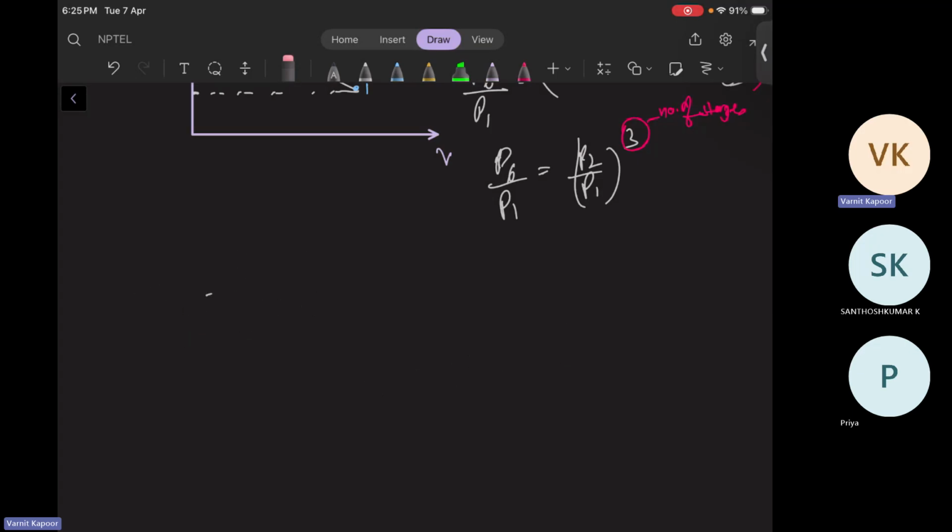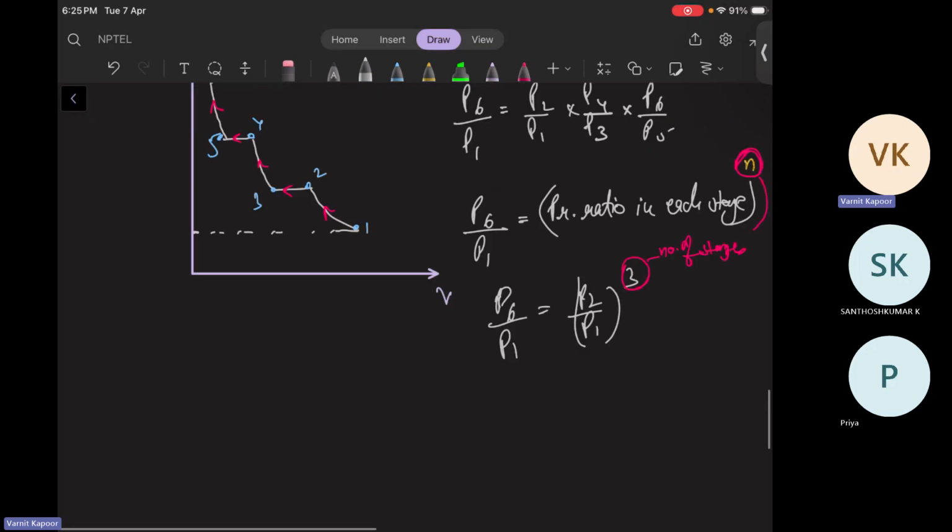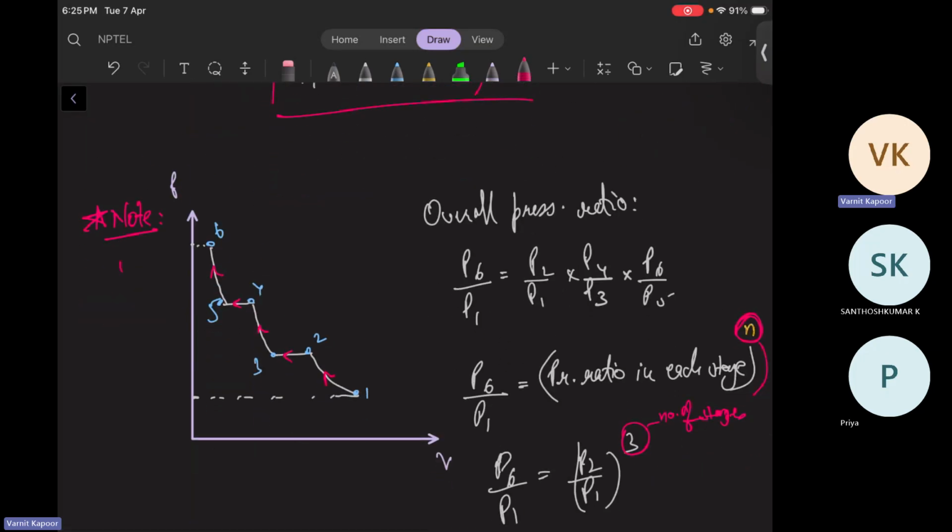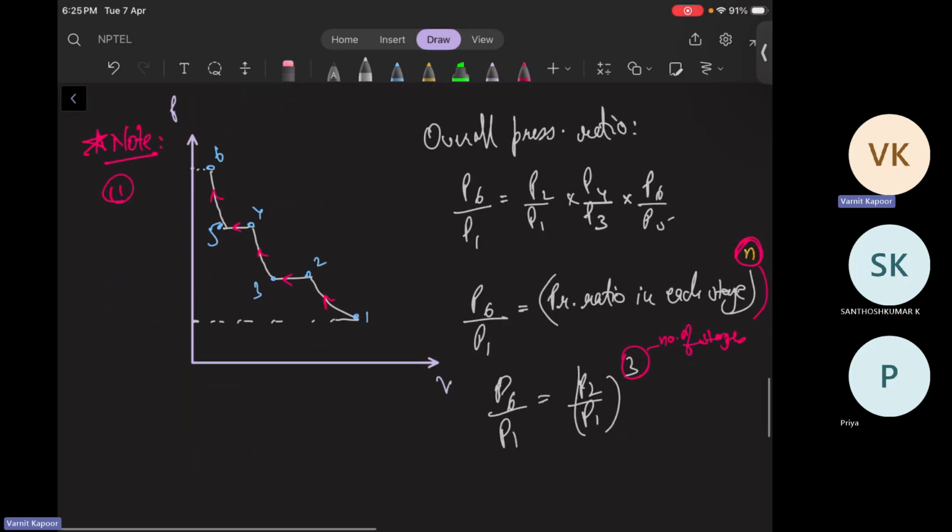Just remove this and write it in the form of points. Let me write the first point of the note, that is for minimum work input.